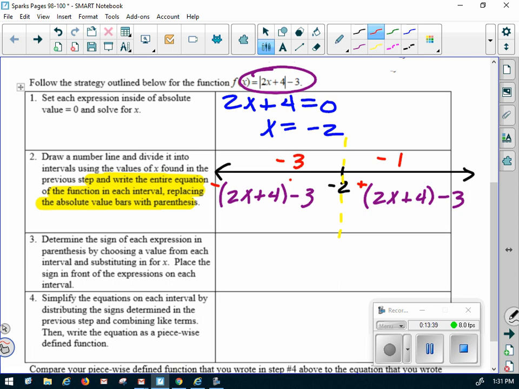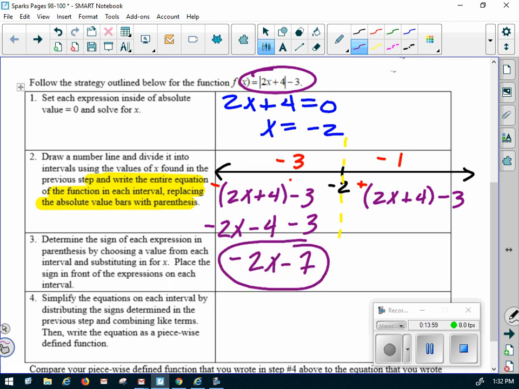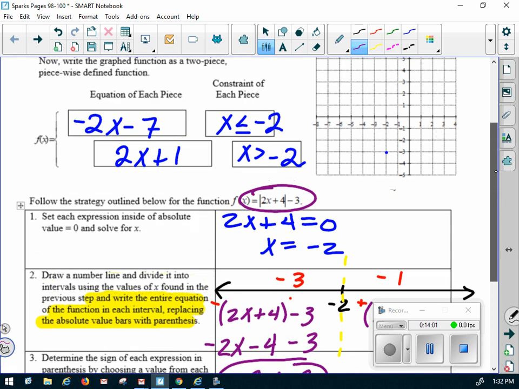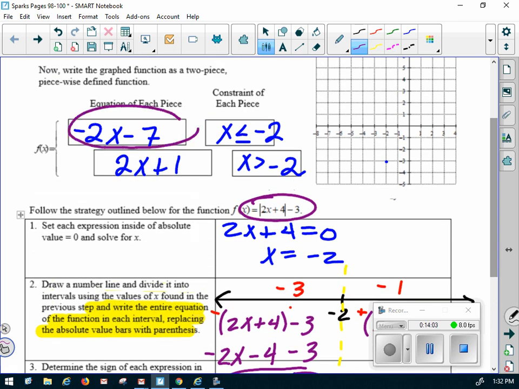Now we're going to step 4. Simplify the equations on each interval by distributing the signs you just figured. All right, so fine. Here, distribute the -1. I'm going to have -2x minus 4 minus your 3 is -2x minus 7.